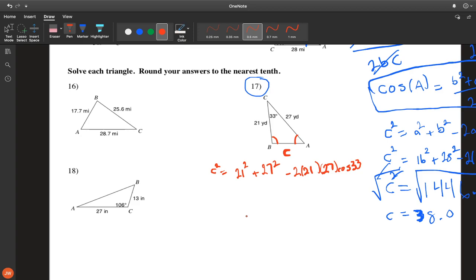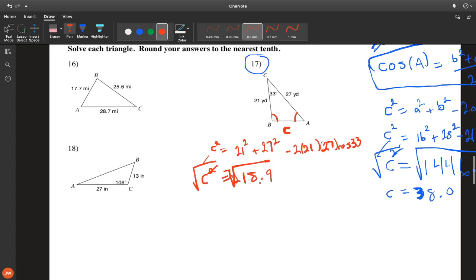And this is equal to 218.9. Now this is still equal to C squared, and we want to find side length C, not C squared. So we're going to take the square root of both sides to undo the square on C. And we're going to get C is equal to 14.8 yards. So C is equal to 14.8 yards.